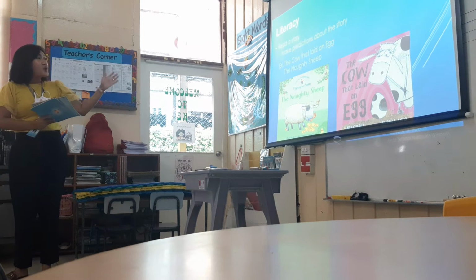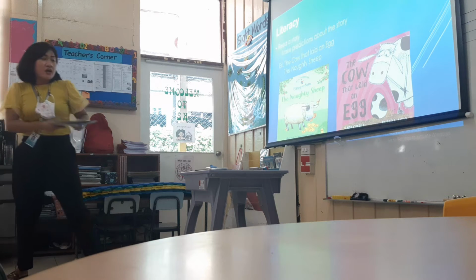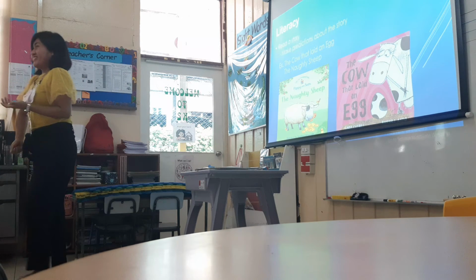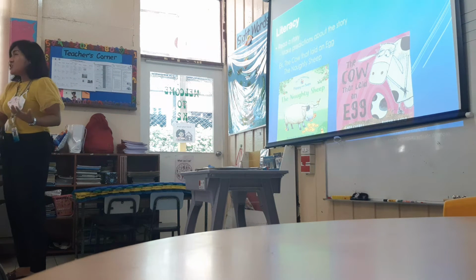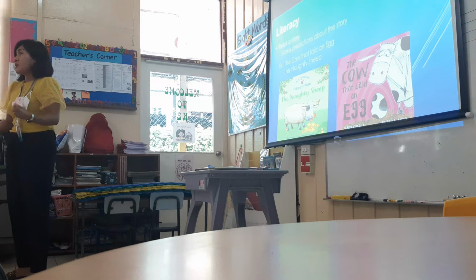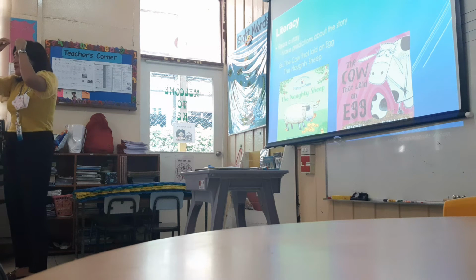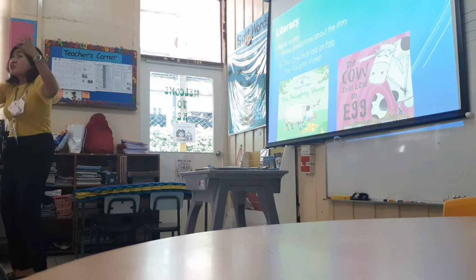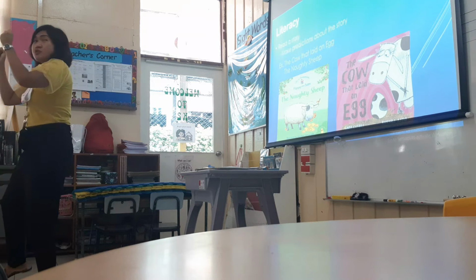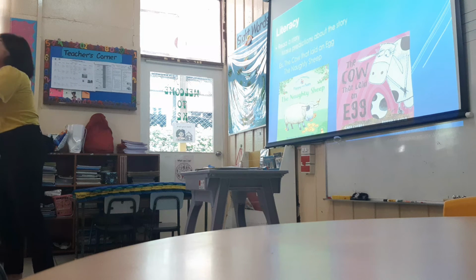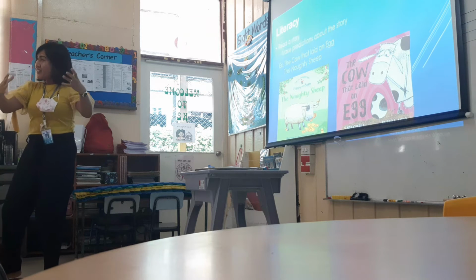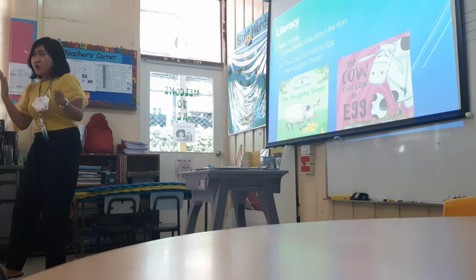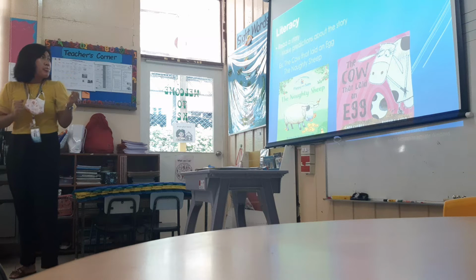And from those books, they can have a role play. Of course, we as teachers have to prepare those materials for them. So let's say who's going to be the cow, who's going to be the sheep, and then they can act it out according to how the teacher read the story.